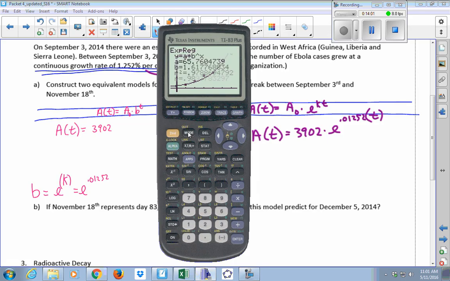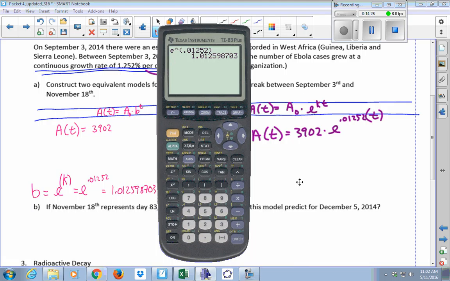So let's quit that and clear all that out. Let's see, e to the x is right here. So I do second natural log and I get 0.01252. And here's my value for b, 1.012598703.